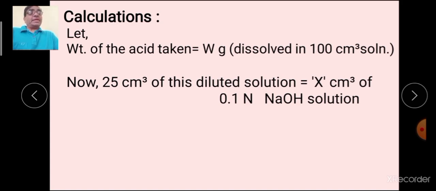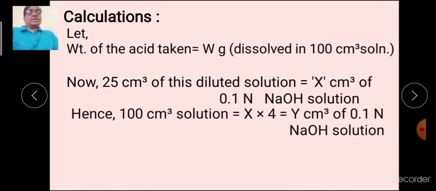That is, the burette reading is x ml for 25 ml of acid, and therefore for the total volume, that is 100 cm cube solution, for 25 it is x, and therefore for 100, that is 25 into 4 equal to 100, therefore x into 4, which is further denoted as y cm cube of 0.1 normal sodium hydroxide solution.